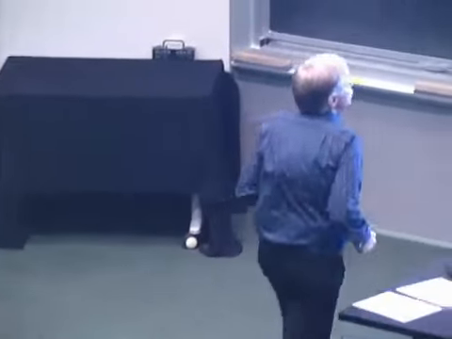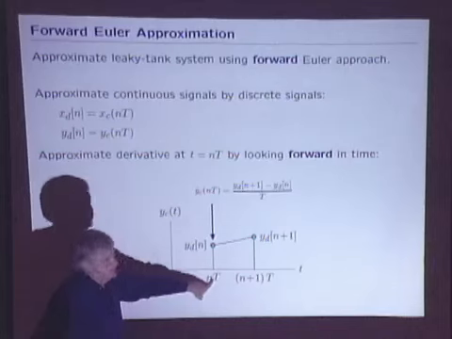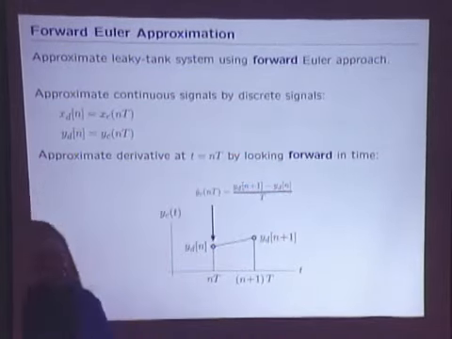We call it forward Euler because at time n, we approximate the derivative at time n by looking forward. So we approximate the derivative of y continuous at time nT by looking forward: y d of n plus 1 minus y d of n, over T.